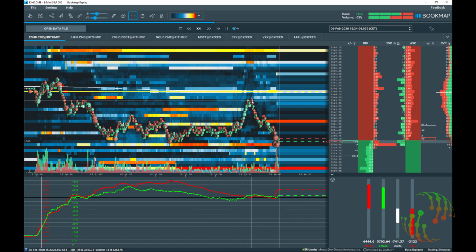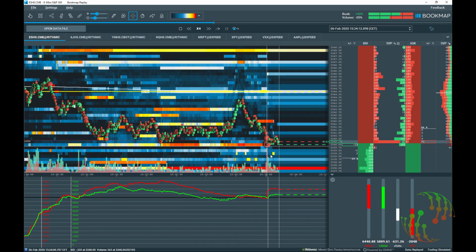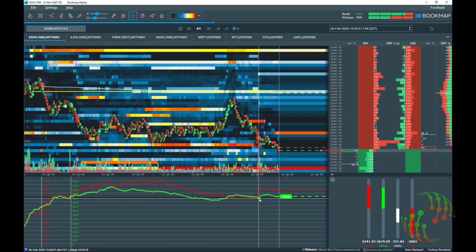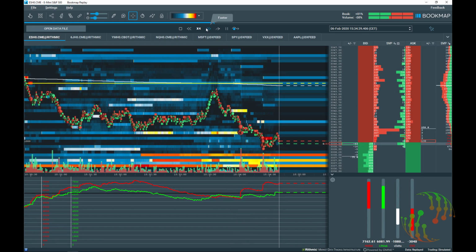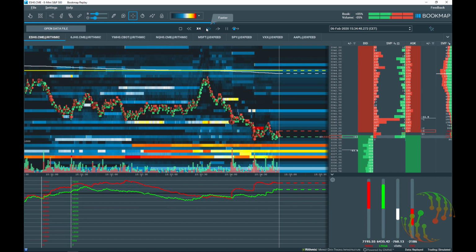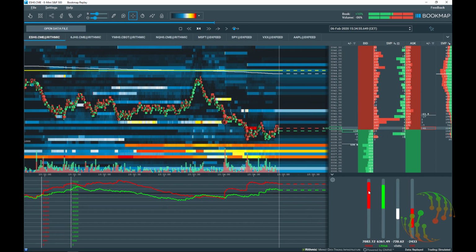Now they're changing, retesting these areas. You see here a little bit of a volume spike again. And what we see now is a very clear leading of aggressors on the bid side. We are talking about 7,000 versus 6,300 on the ask side. That means at this moment there's no chance to buy.